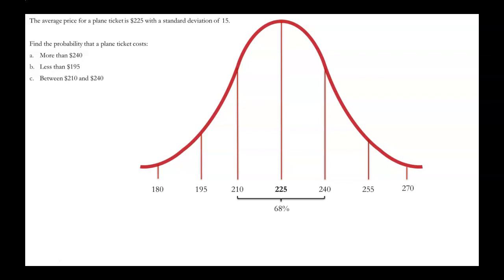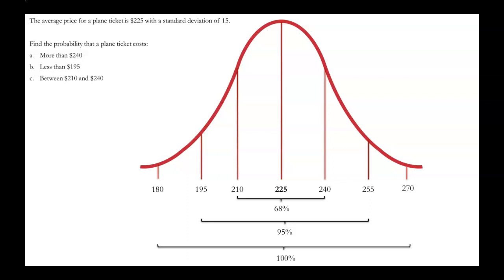Then between plus and minus 2 standard deviations is 95%. And then plus and minus 3 standard deviations is 100%. So that's going to help us when we have to find the probabilities of plane tickets. But there's something that could help us even more.